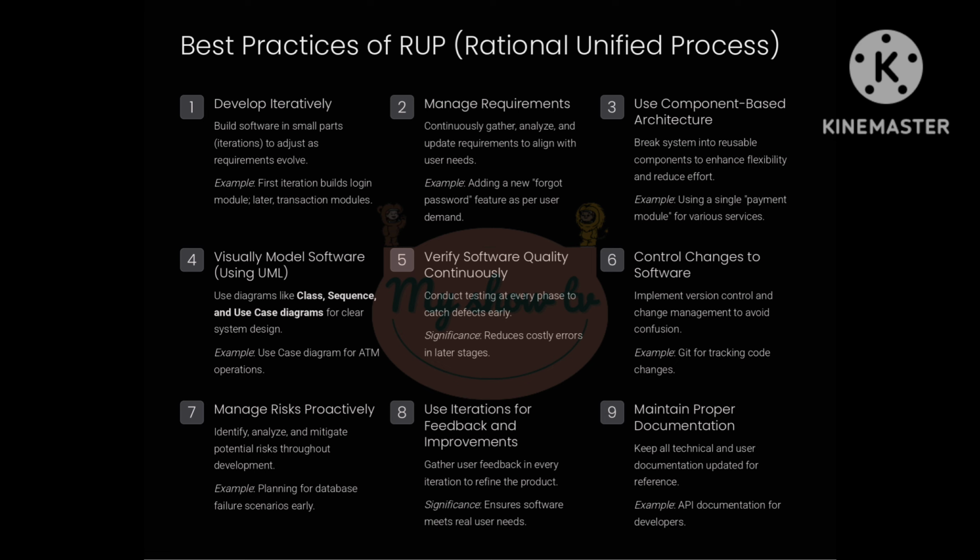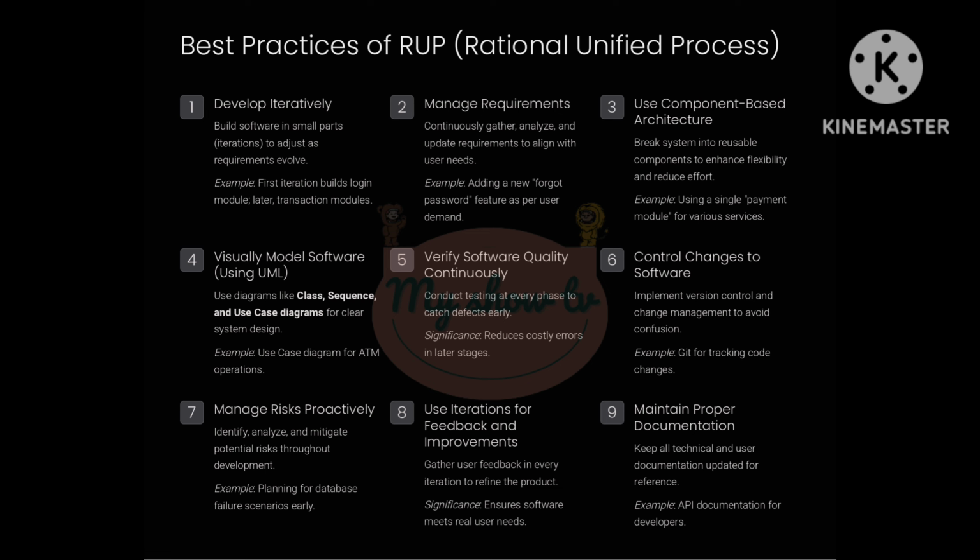6. Control changes to software. Every change to code, design, or documentation is managed properly using tools like Git to avoid conflicts. Example, version control systems help keep track of who changed what. 7. Manage risks proactively. Identifying potential risks like technology failure or budget overruns before they happen and planning solutions in advance. 8.